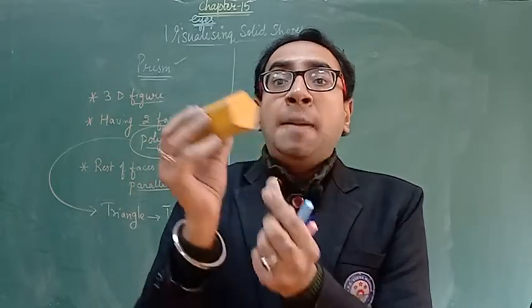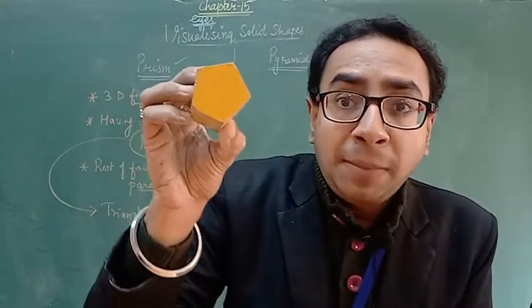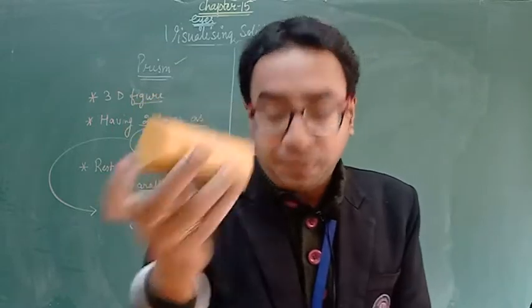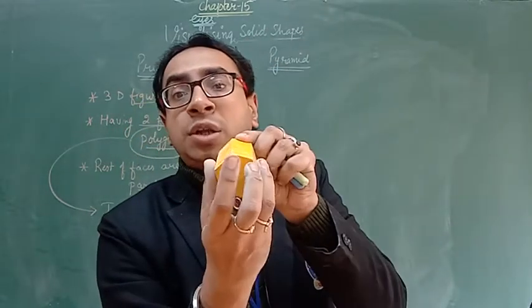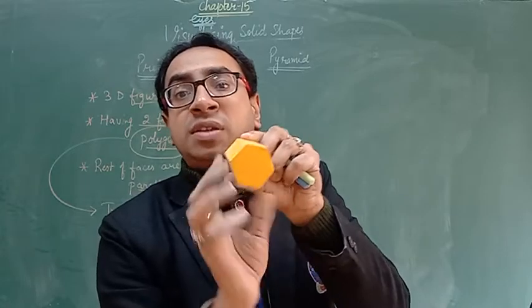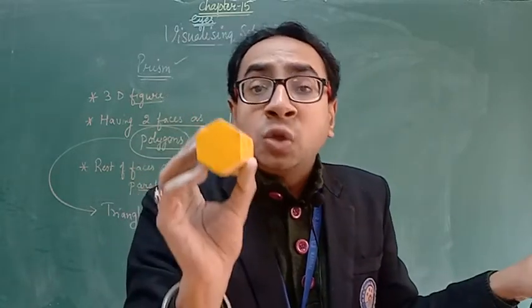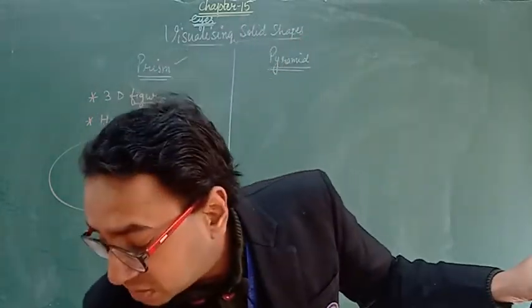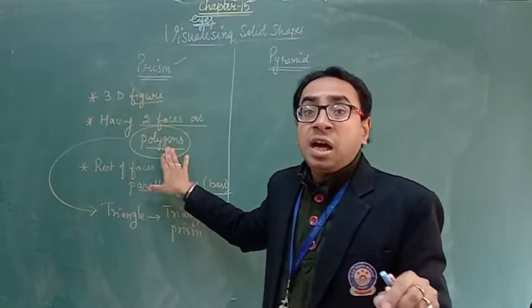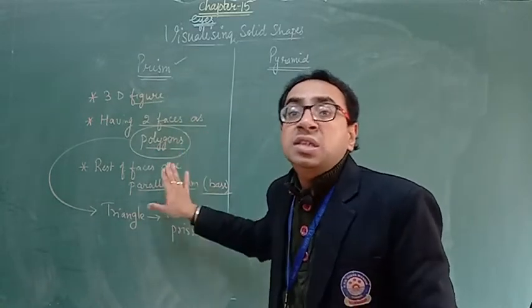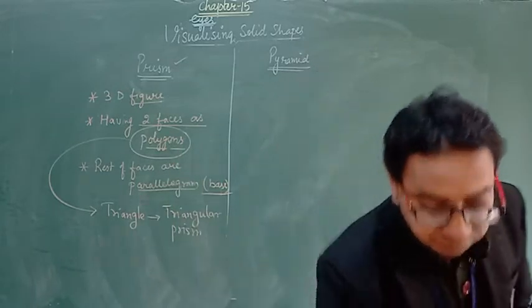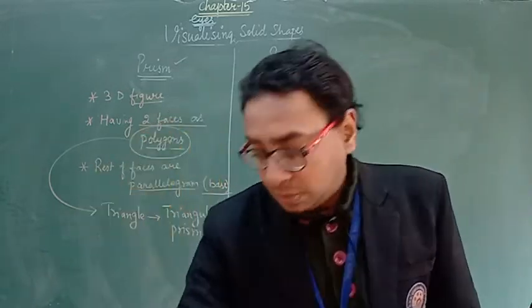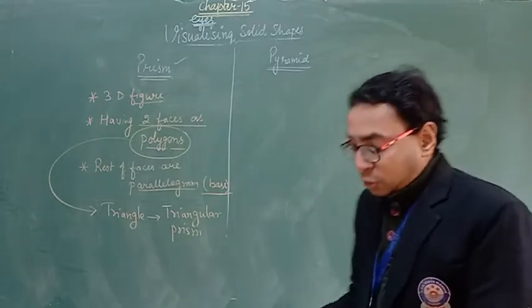Pentagon, pentagonal prism. 1, 2, 3, 4, 5, 6. Hexagonal prism. So we name the prism on the basis of polygon. Are we clear? Again, this is also a pentagonal prism. Now let's move on to pyramid.